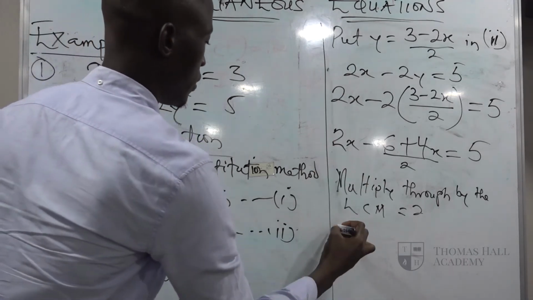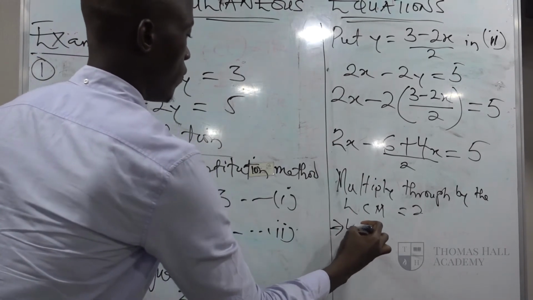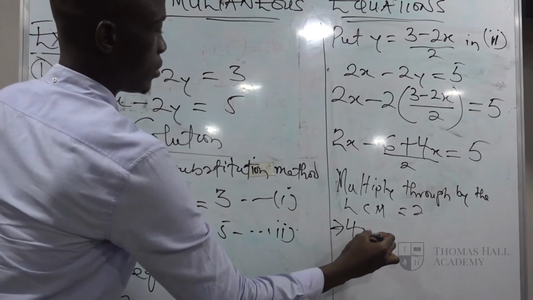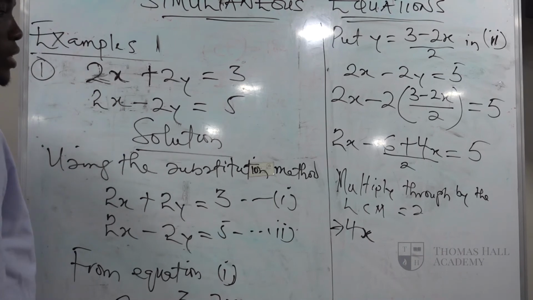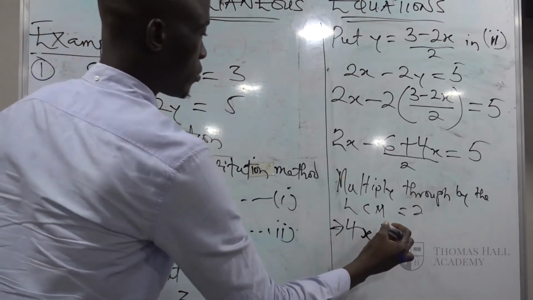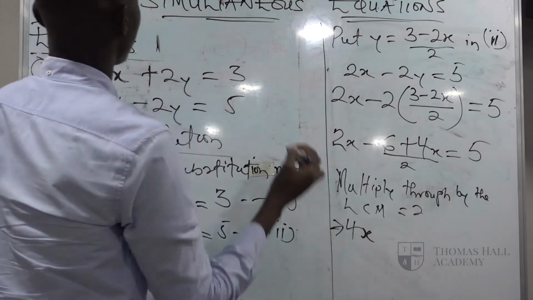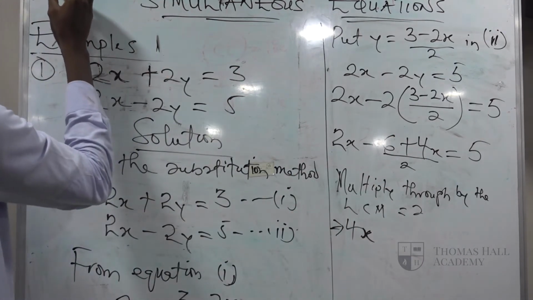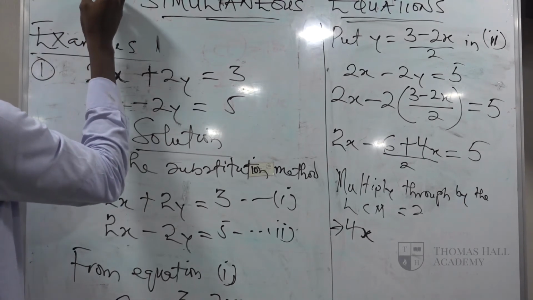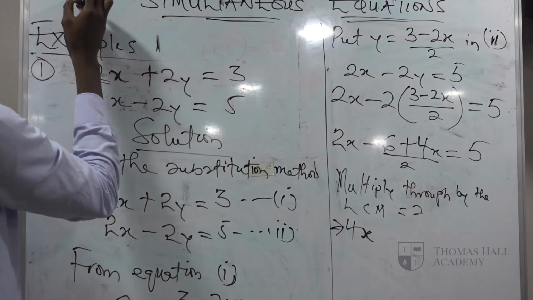2 times 2x gives us 4x. 2 times all of this, that is 2 times minus 6 plus 4x all over 2.